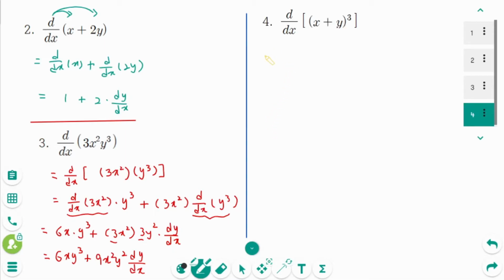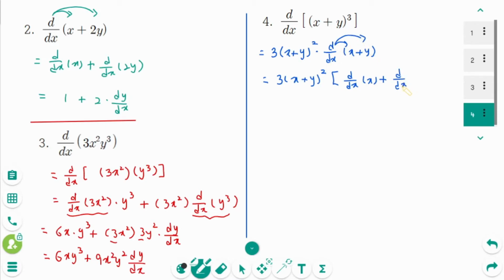Question 4, d/dx of 3 times (x plus y) to the power of 2 equals 3 times (x plus y) squared times d/dx of (x plus y), equals 3 times (x plus y) squared times the first one, d/dx of x plus d/dx of y.